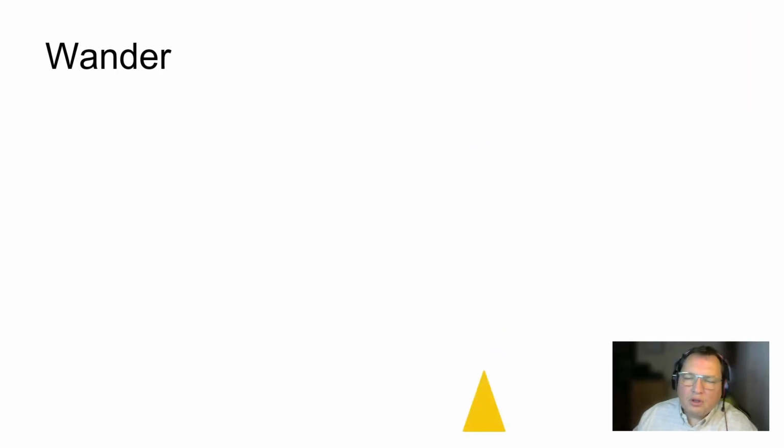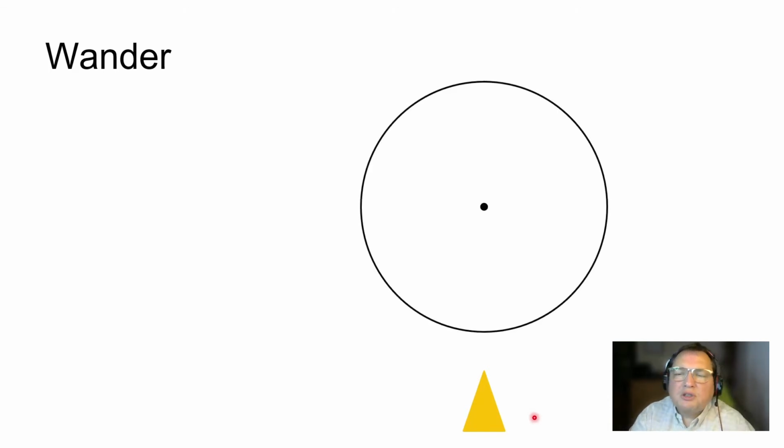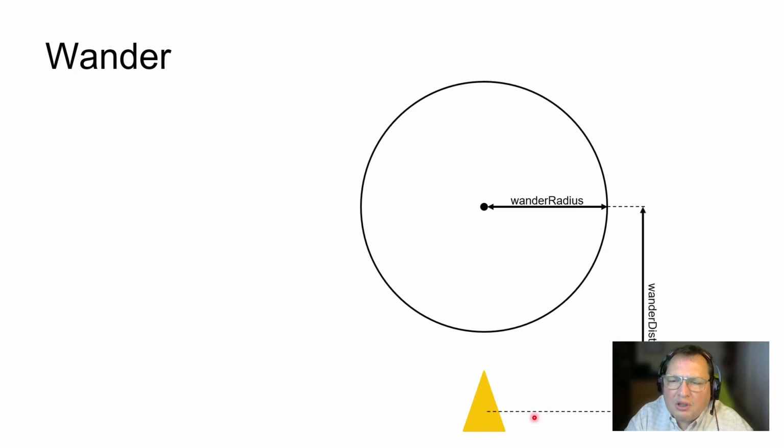Here is our agent, and this is the circle projected in front of this agent. We will call this circle simply a wander circle. The algorithm is parameterized by the radius of the circle and the distance between the center of the circle and the agent.